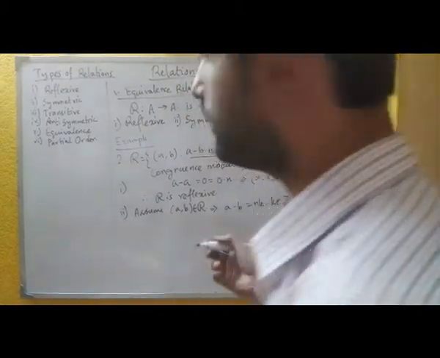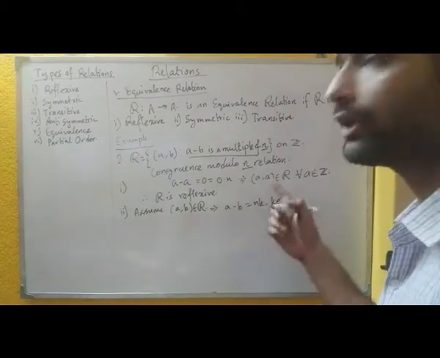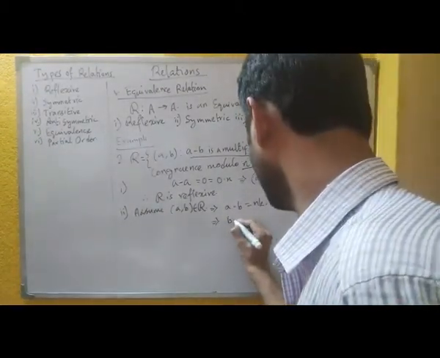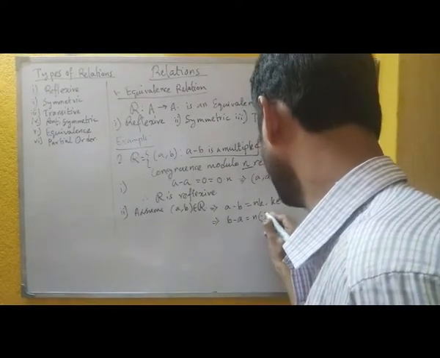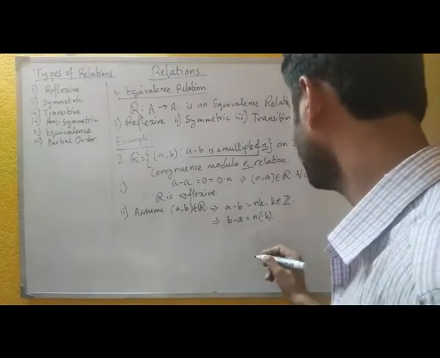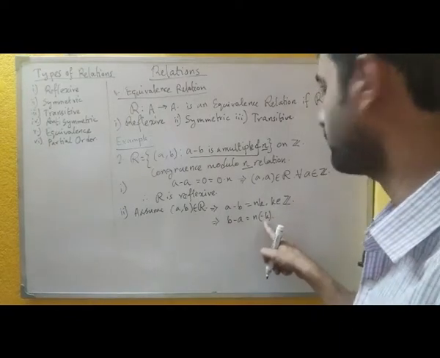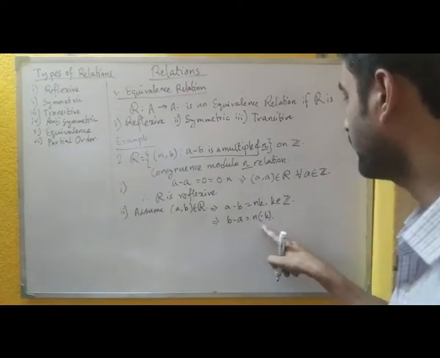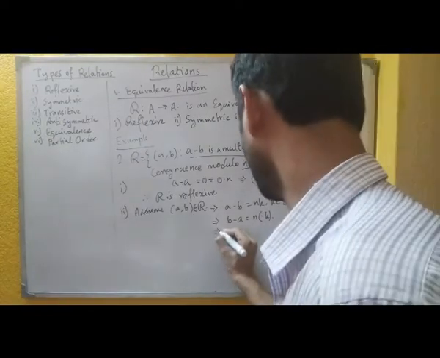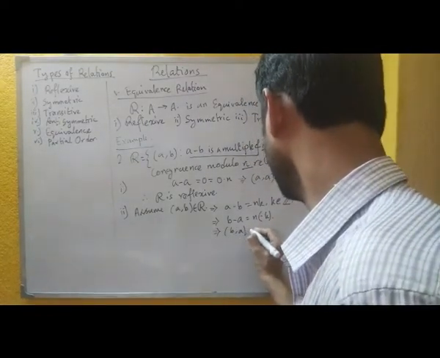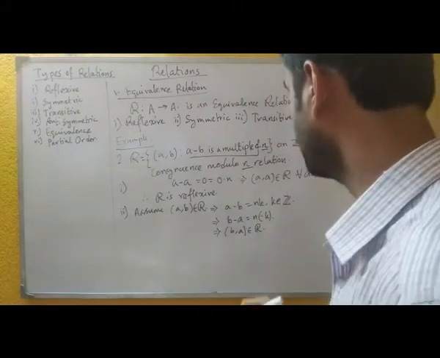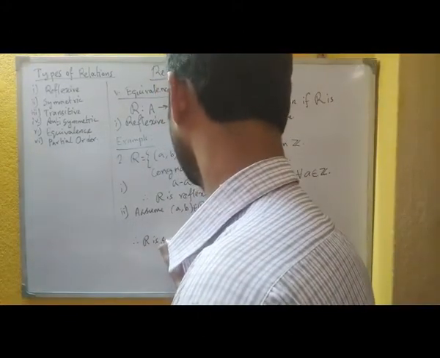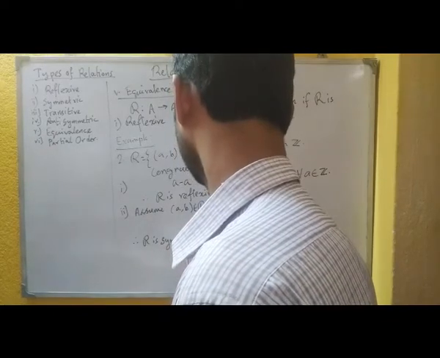So we have to check whether (b, a) belongs to the set or not. So see, from here we can write b minus a is n into minus k, and k is an integer, means minus k is also an integer, so it is divisible by n. So here we can write (b, a) belongs to R, and that means R is symmetric.